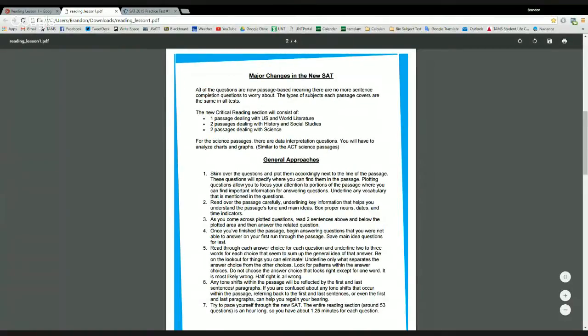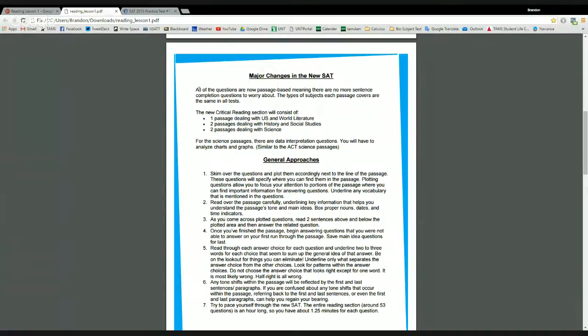Okay, so first of all, there are some major changes to the new SAT. All the questions are now passage-based, meaning there are no more sentence completions to worry about. And also, the type of subjects each passage covers are the same in all tests. So, the new critical reading section will consist of one passage dealing with U.S. history and world literature, two passages dealing with history and social studies, and two passages dealing with science.